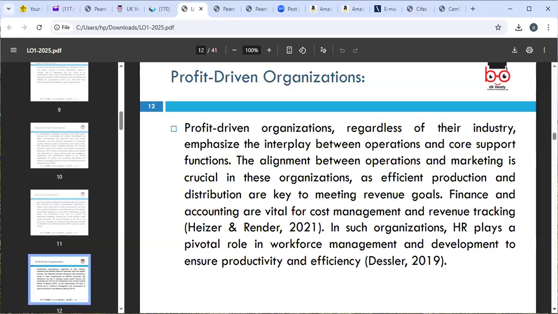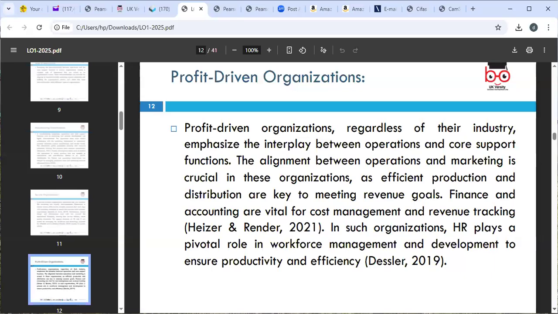Finance and accounting, it is important that when it comes to profit-driven service organizations, finance and accounting play a major role, because you need to have regular reviews and some kind of cost-benefit analysis to ensure that the finances being made available are meeting the demands being marketed out there.